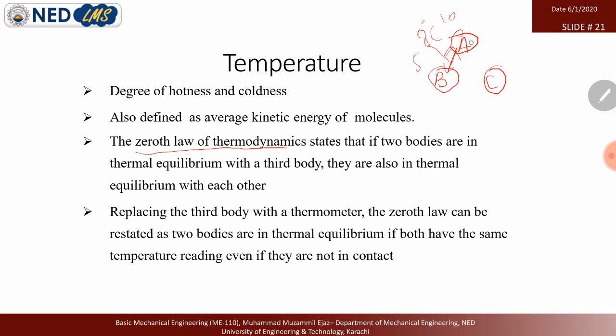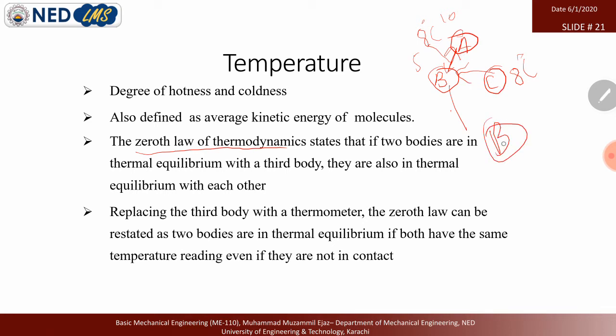But let's suppose body B is replaced by body C, and body C is at 8 degrees centigrade. Then bodies A and C are in thermal equilibrium because no heat is transferred between them.